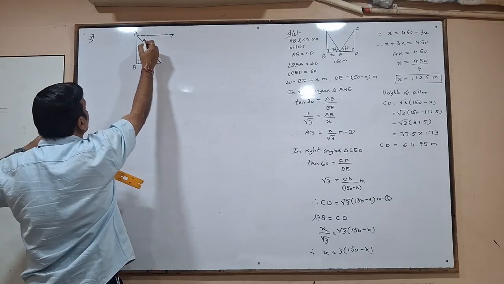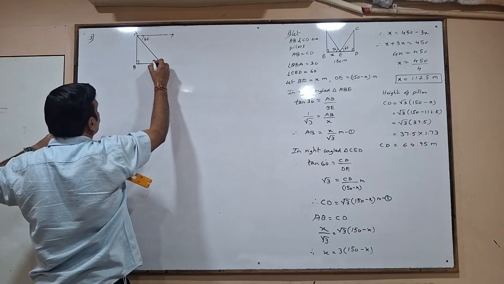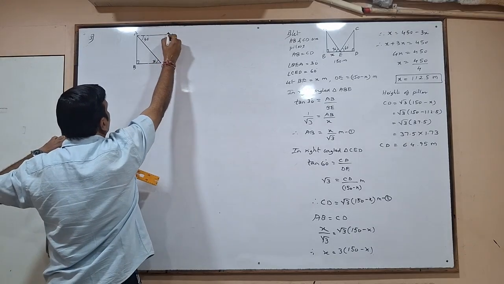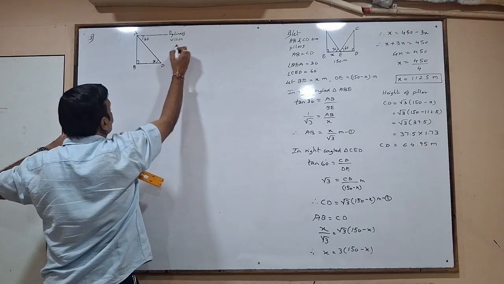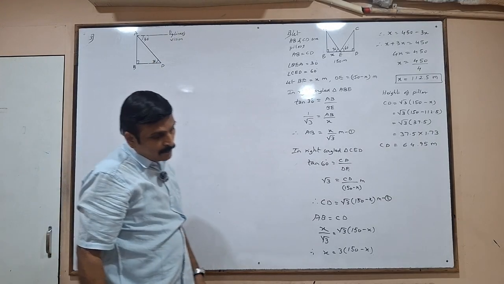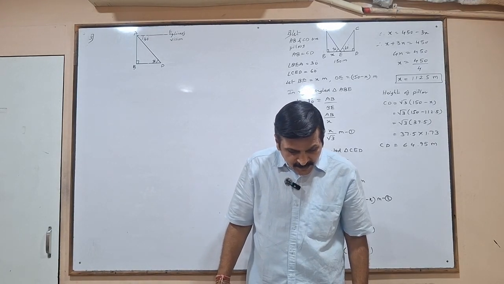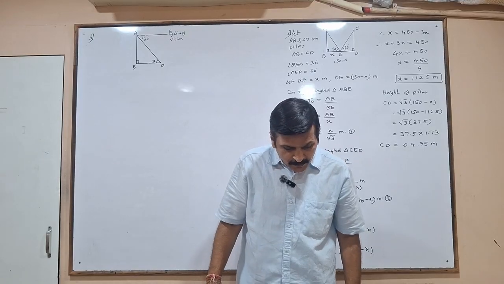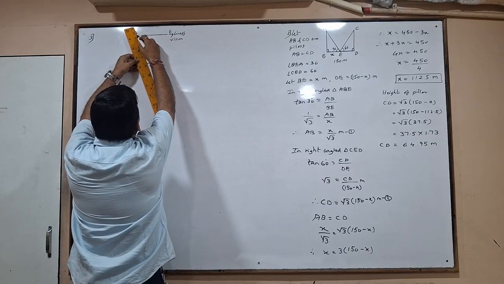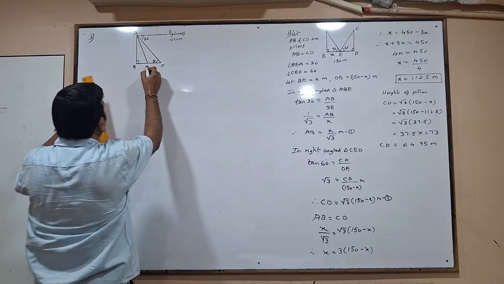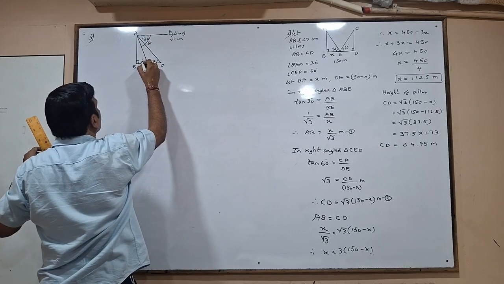AB is the cliff. This angle is 30 degree. So this also will be 30 degree. A man on a cliff observes a boat at an angle of depression of 30 degree sailing towards the shore. 3 minutes later, the angle of depression is 60 degree. So this angle is 60 degree.